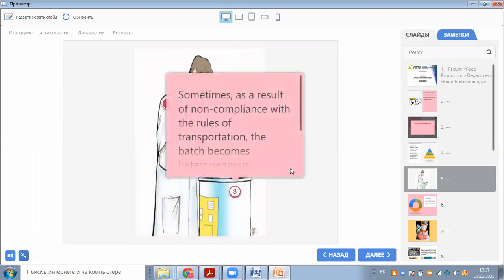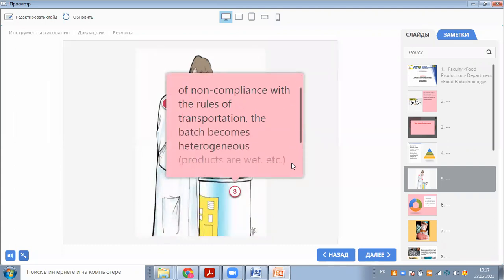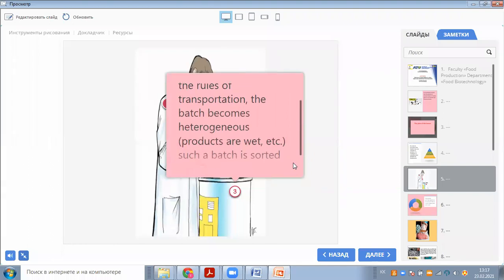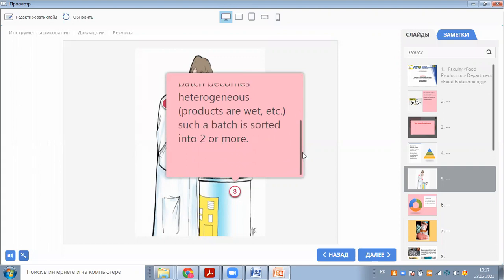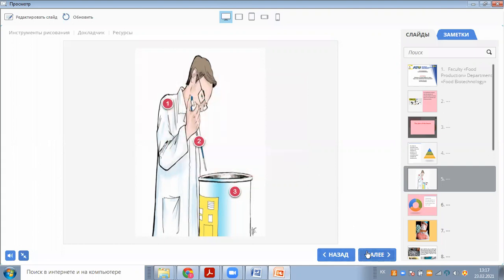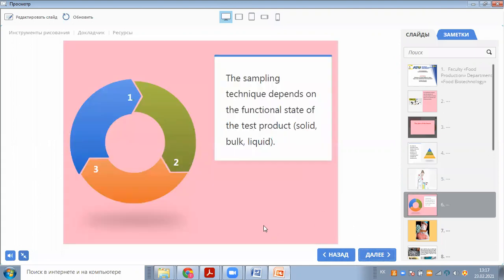And sometimes it's the result of non-compliance with the rules of transportation. The batch becomes heterogeneous. For example, products are weak, and etc. And such a batch is stored for 2 or more days. And the sampling techniques depend on the functional state of the test product.